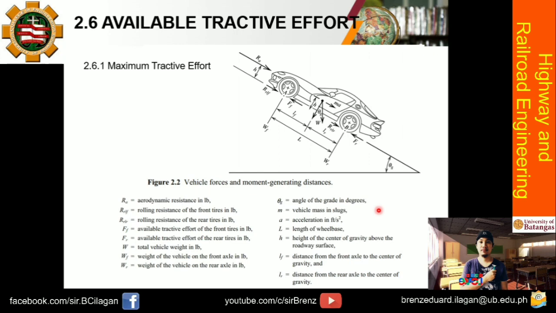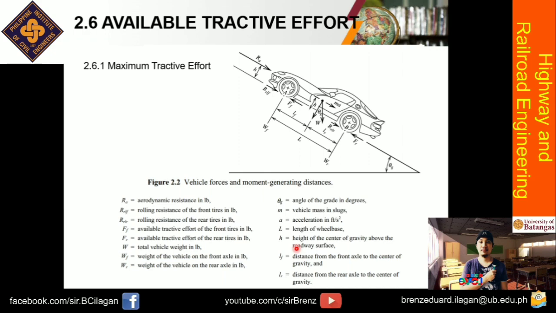So we have H and L. L is the length of the wheelbase. So in the diagram, that is center to center of the two wheels. And H is the height of the center of gravity above the roadway surface. So from the surface of the road up to the center of gravity of your vehicle. L sub F is the distance from the front axle to the center of gravity.